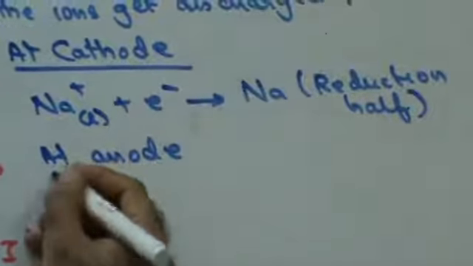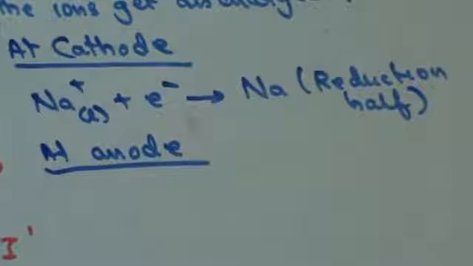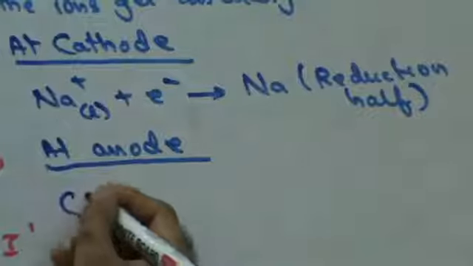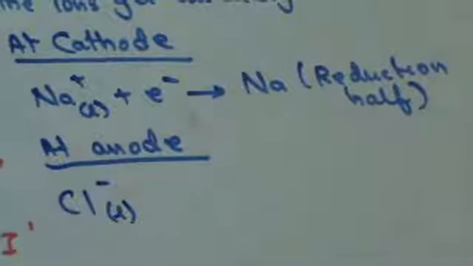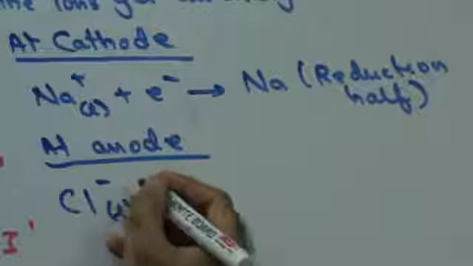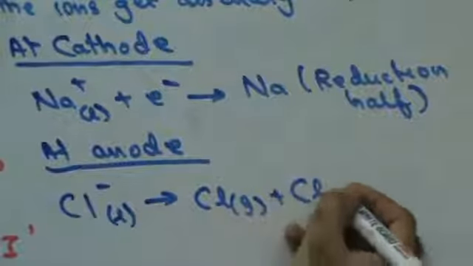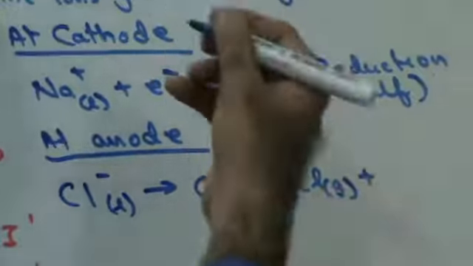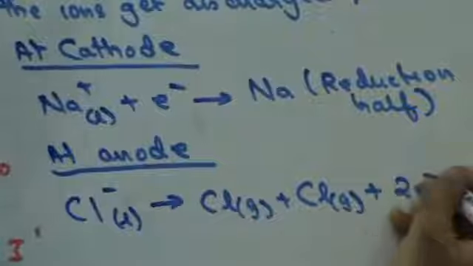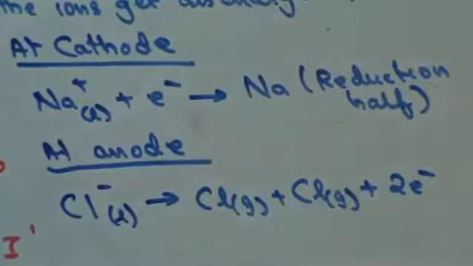At anode, chloride ions will get converted into chlorine gas. 2 atoms of chlorine plus 2 electrons. Right? This is going to be my oxidation half.